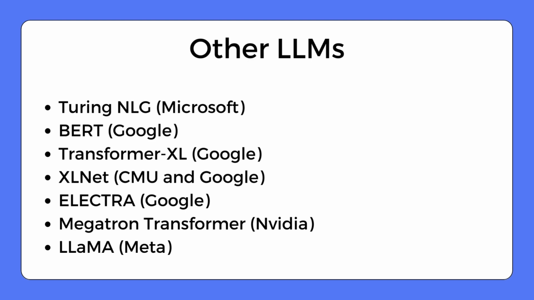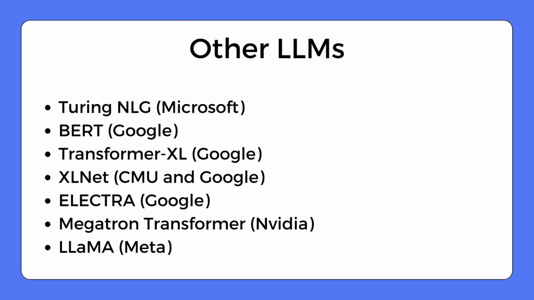There's also XLNet, which is an extension of Transformer XL developed by Google Brain and Carnegie Mellon University. It uses a permutation based training method to overcome some limitations of BERT and outperform it on several benchmarks.